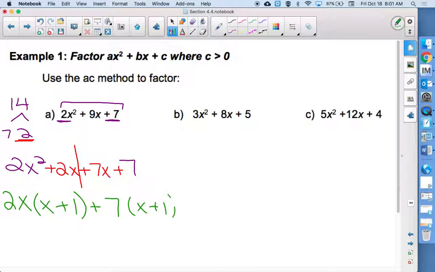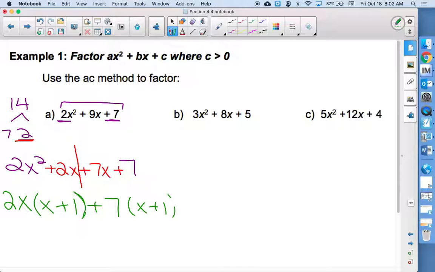So if I'm missing this plus sign right here, my problem says 2x times x plus 1 times x plus 1, which is not true. I will mark it wrong. You must have a symbol to show that it is not a total multiplication problem. I have this first term plus that second group of information.